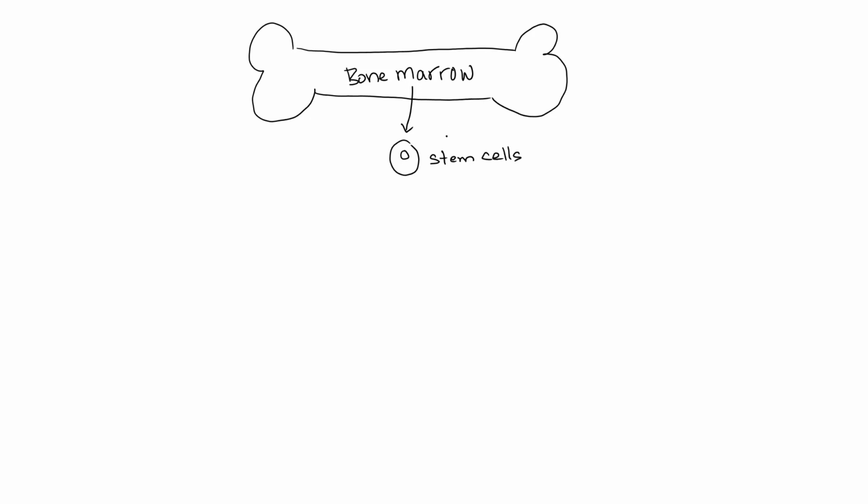A lot of times we use this term pluripotent to refer to these stem cells. What that word pluripotent means is that they're undifferentiated, meaning that these are cells that haven't decided what type of blood cell they're going to differentiate into.